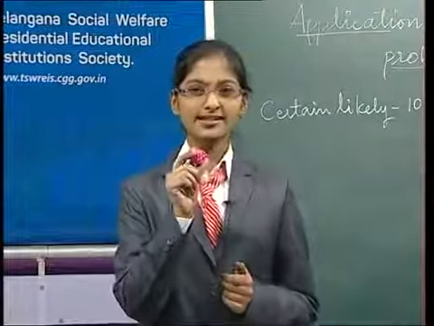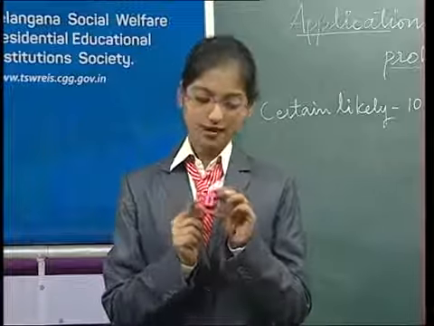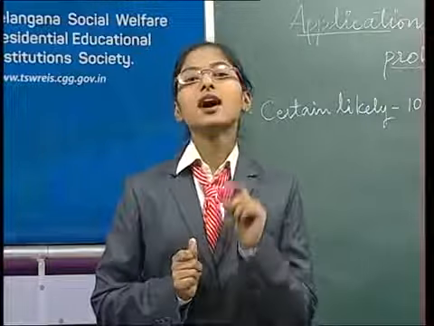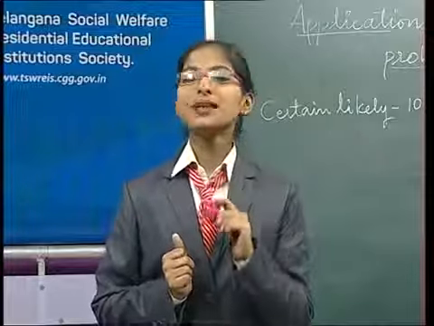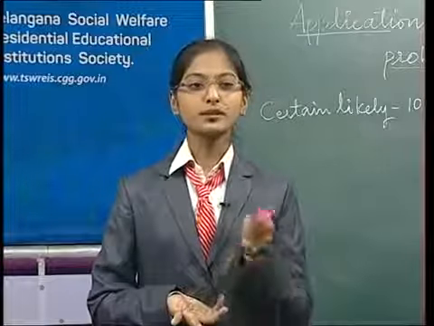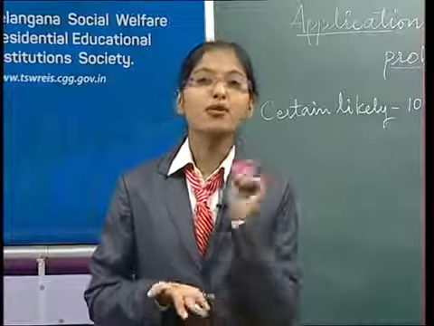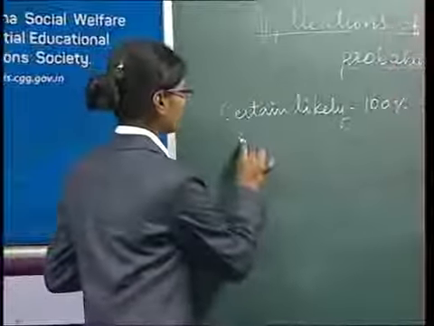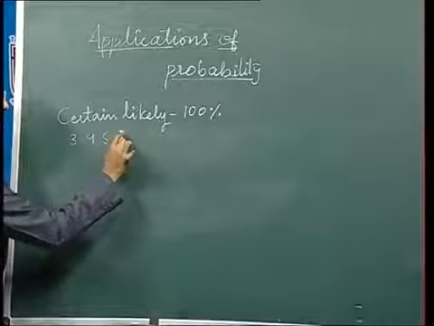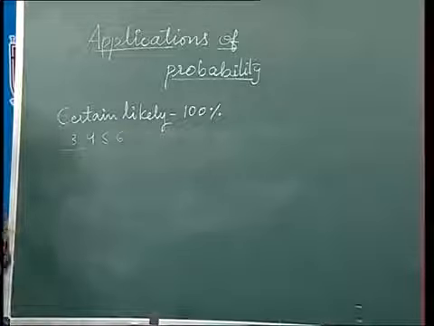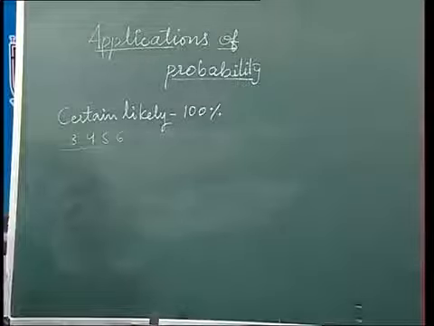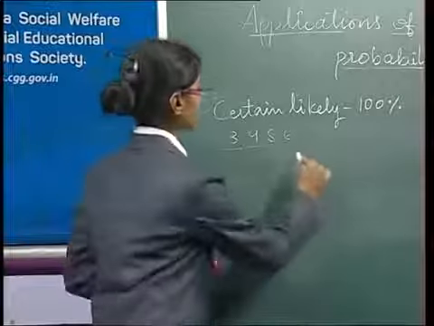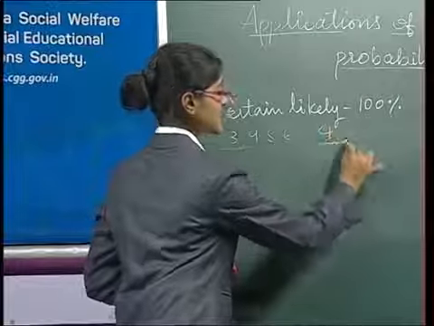Again I am taking a dice here, right? I am going to say how many chances there are of getting above 2. What is the probability of getting a number above 2? Here, above 2 we have 3, 4, 5 and 6. We have 4 numbers above 2. So, 4 by what is the total number of outcomes here? 6.